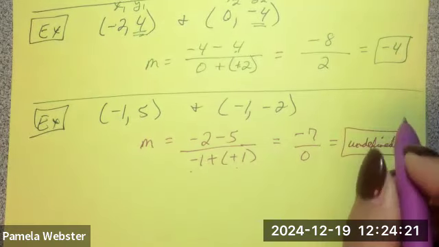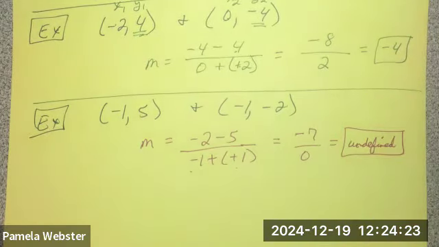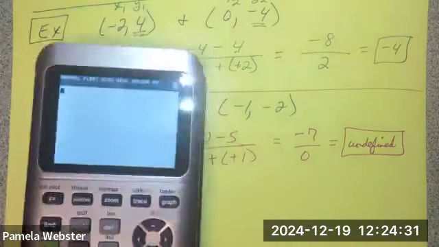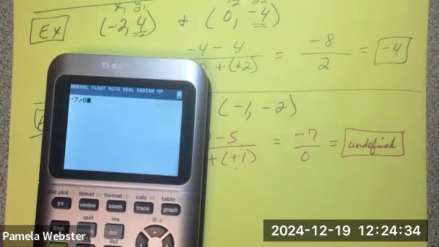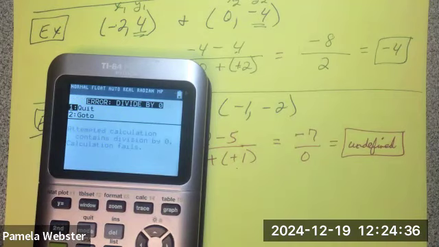If you're not sure, you can punch it on your calculator. Where's my calculator? I'm sorry, I moved my calculator to a weird spot. You can punch -7 divided by 0, and it says you've got an error. You're trying to divide by 0. That's actually going to be a very common theme for us all the way through this course.